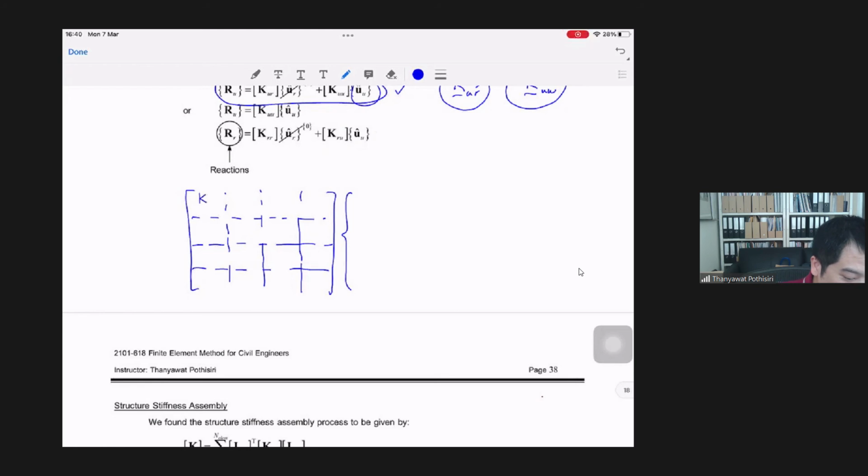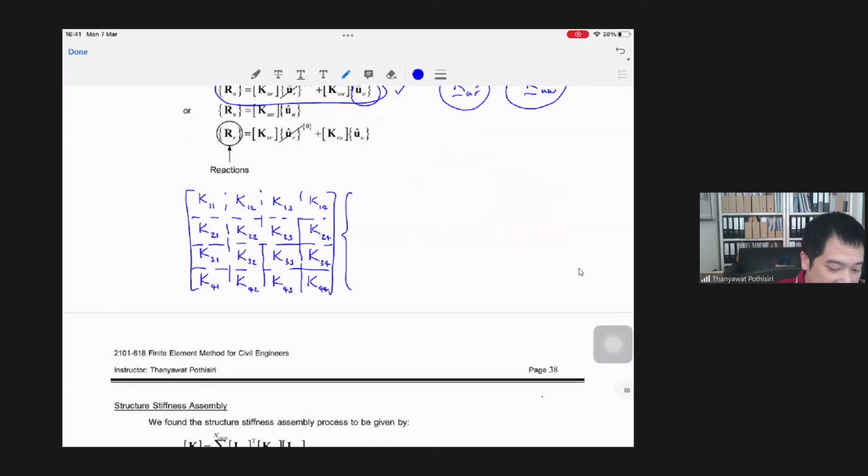Suppose I have K11, which is a component of the structural stiffness matrix, then K12, K13, K14, K21, K22, K23, K24, K31, K32, K41, K42, K43, and K44.